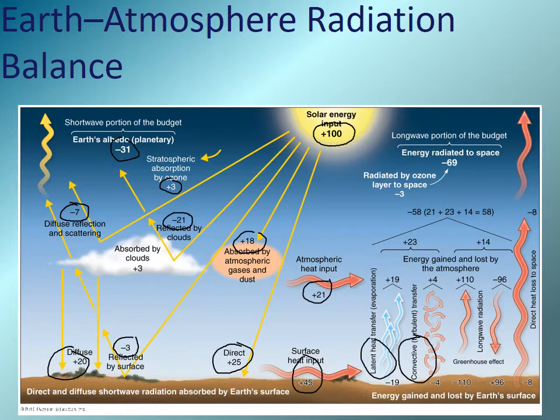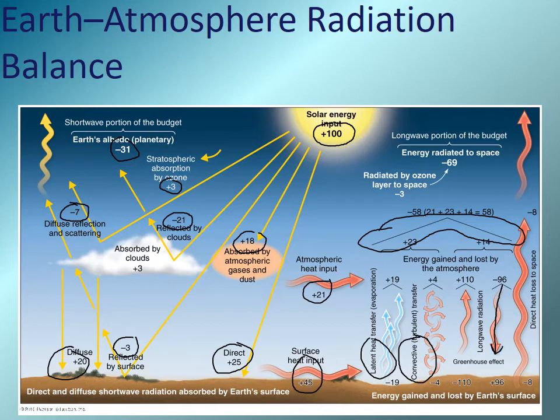And some of it, as it's rising, gets quote unquote trapped. Now, I don't really like to use the word trap because a greenhouse does trap heat in, but greenhouse gases actually absorb energy, long wave energy that's escaping towards space, and then when it absorbs it, it re-emits that energy back down to the surface.